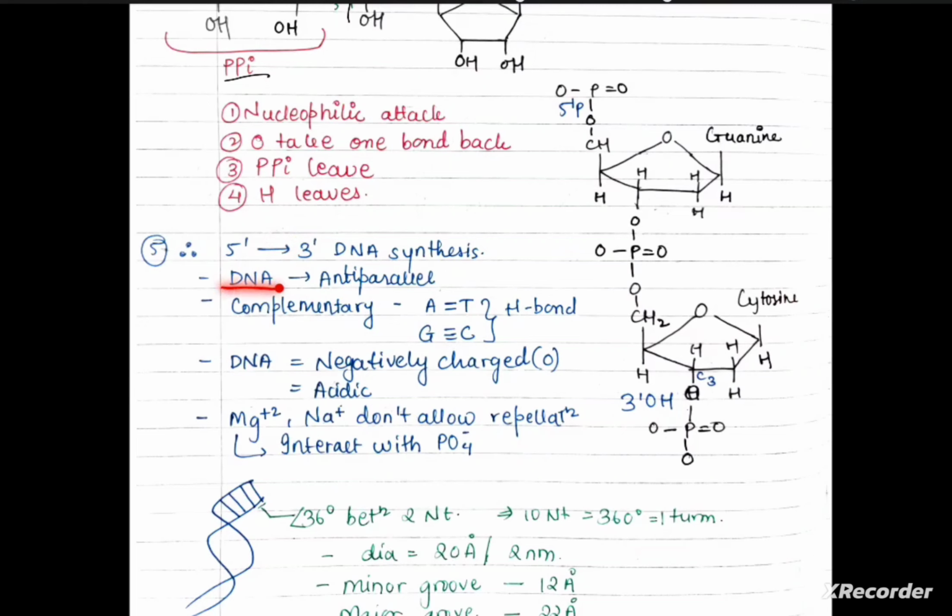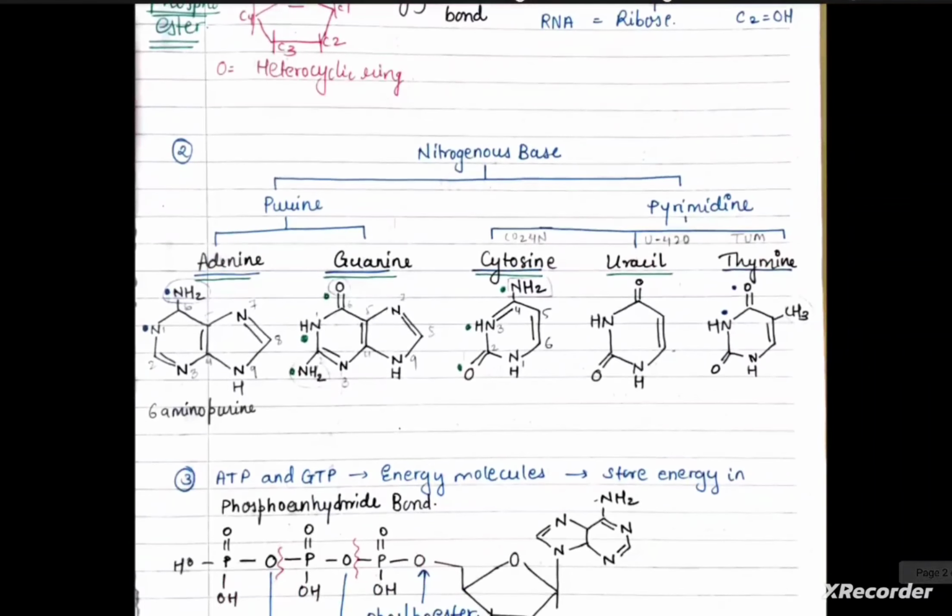Now, the next thing here is DNA is anti-parallel. Complementarity is important. Why do we get just 2 bonds between A and T, and why do we get 3 hydrogen bonds between G and C? The answer is here. Can you see this? There are 2 places at thymine, and there will be 2 places with adenine that can participate in hydrogen bond formation. In any hydrogen bond, we need to have one H, that is hydrogen, that has to be in bond with an electronegative atom, and another electronegative atom can be involved, that is Y here, and that's how your hydrogen bond can be formed, right?